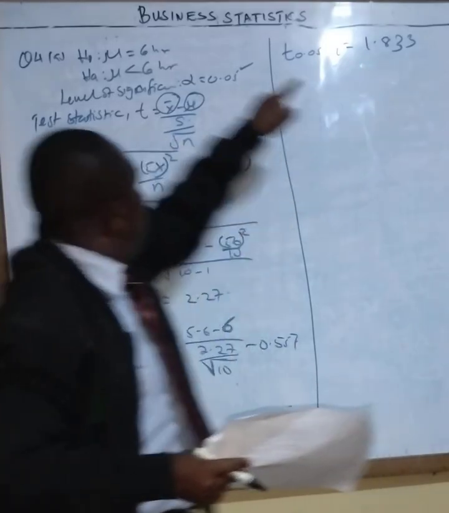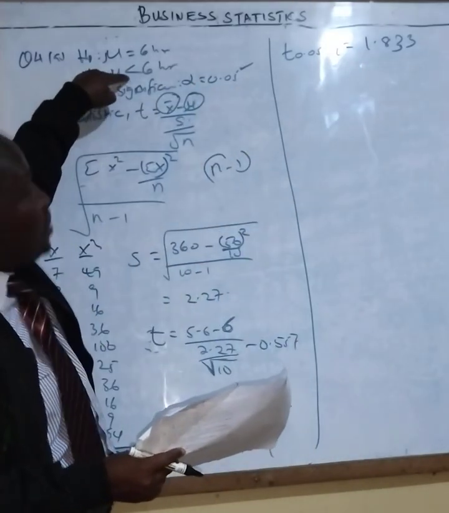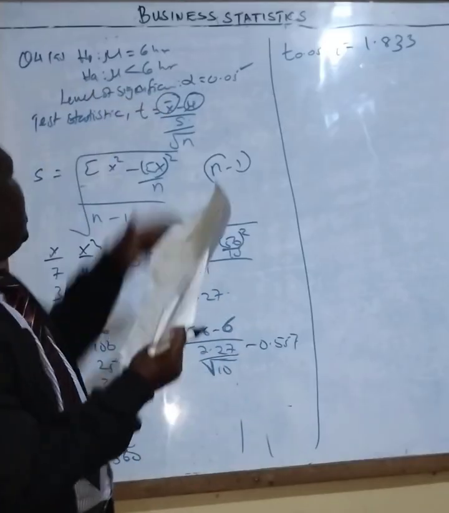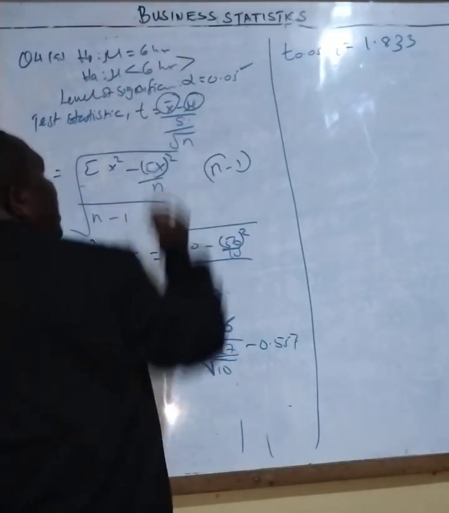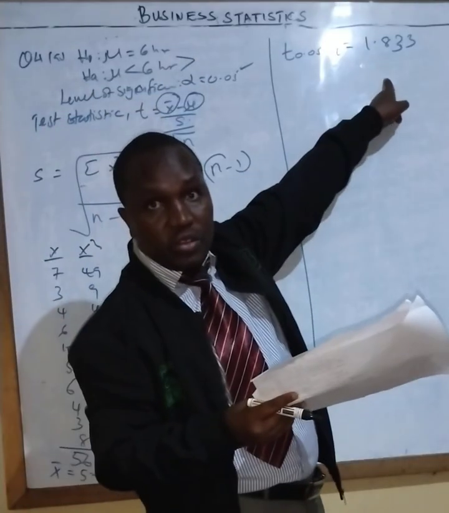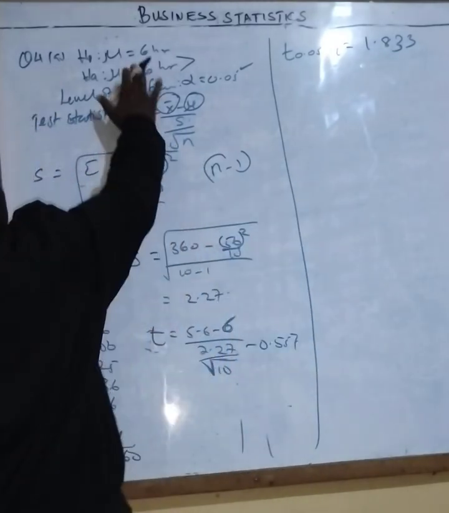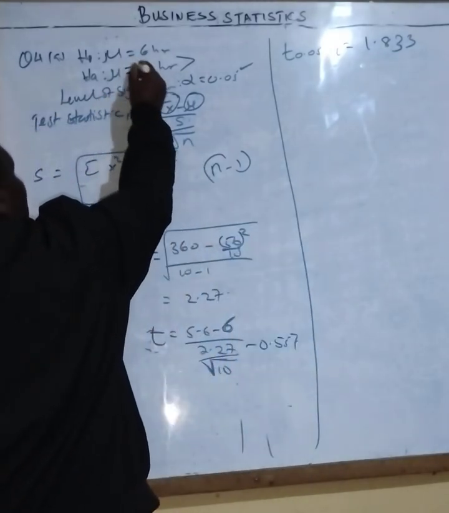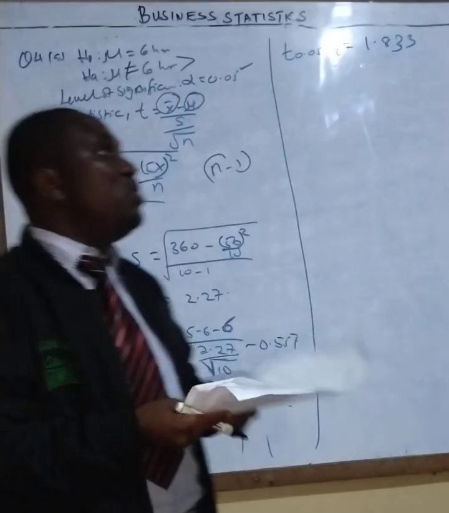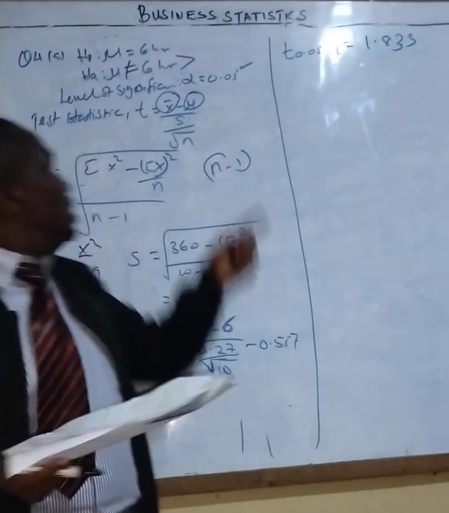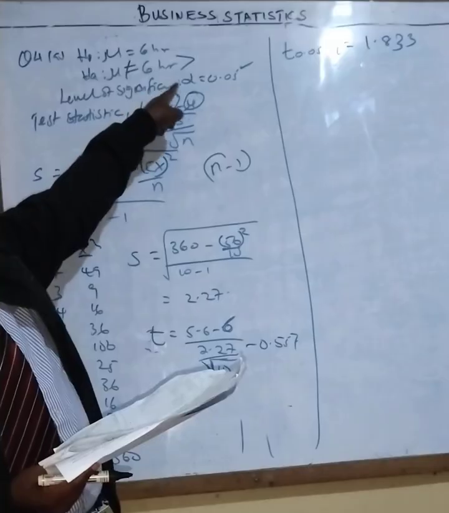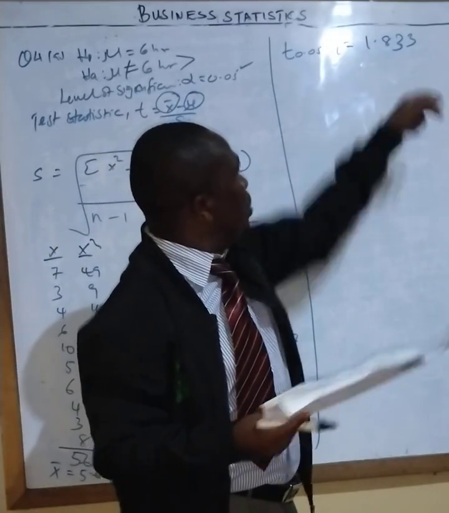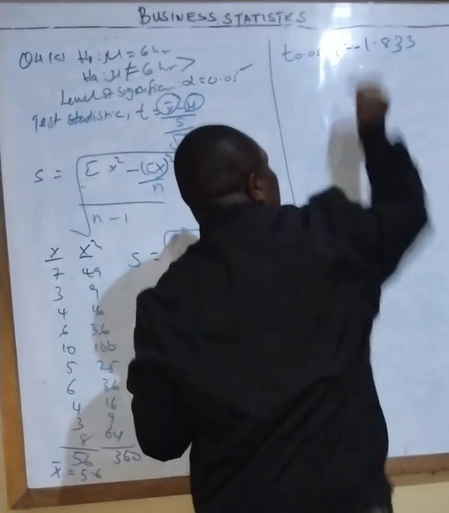If it says greater than, then this one will be positive. And if there was nothing, for example, it doesn't show the direction, whether you go to the right or to the left, it will be two-tailed. So that is how you read. This one will now be your negative.